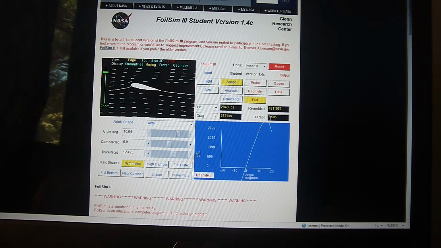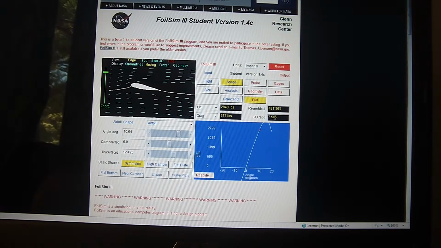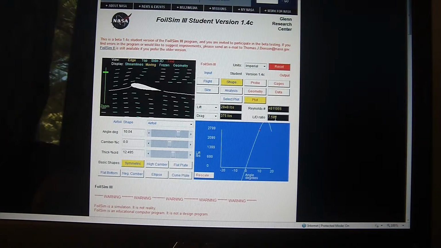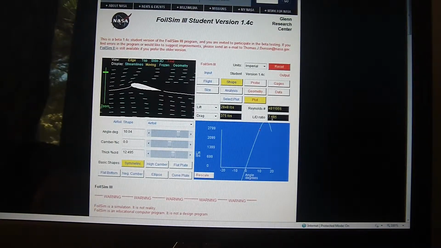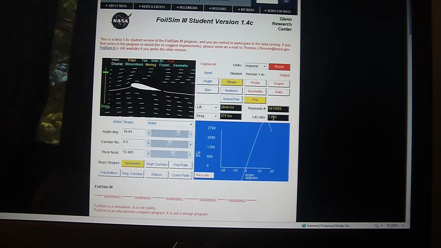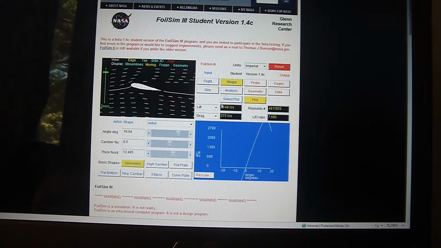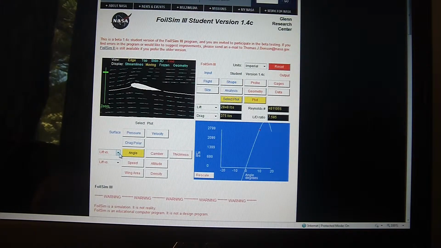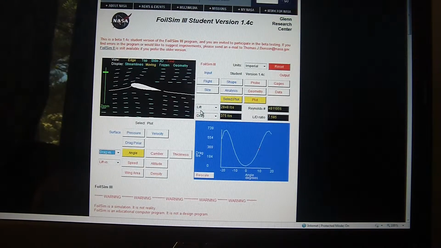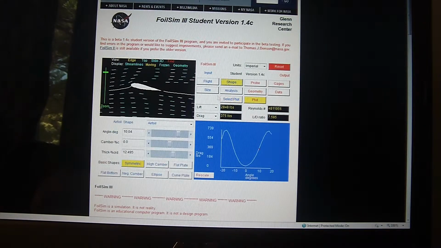The lift to drag ratio has decreased significantly. It's down to about 7. So we're generating quite a lot of lift actually, but at the penalty of more drag. What I'm going to do shortly is change this graph to show you how the drag on the wing or the rotor changes with angle of attack.